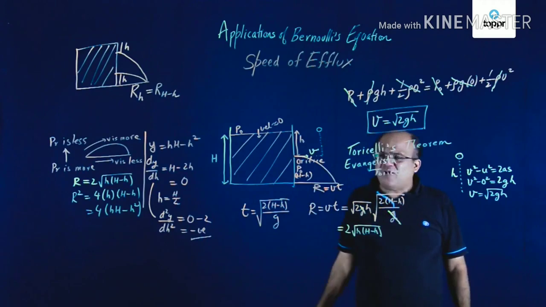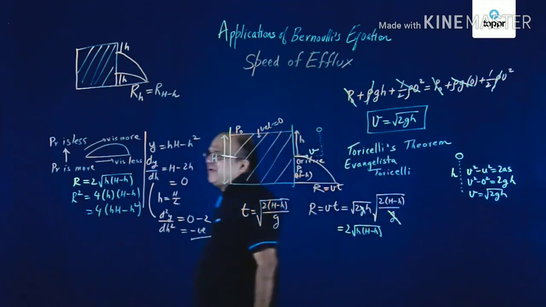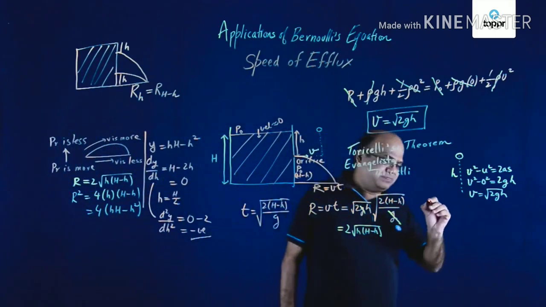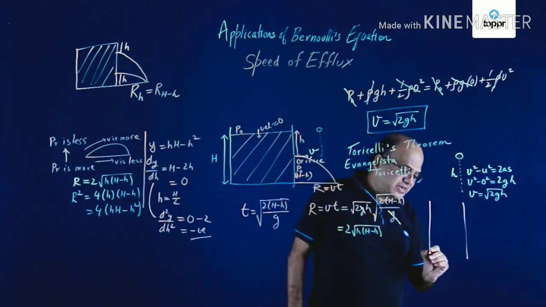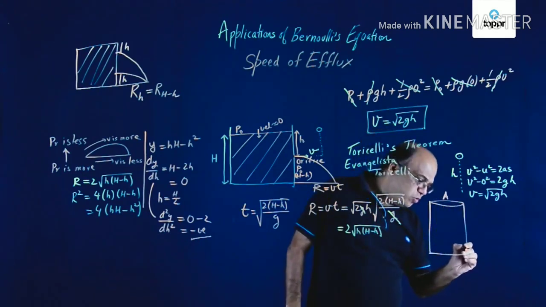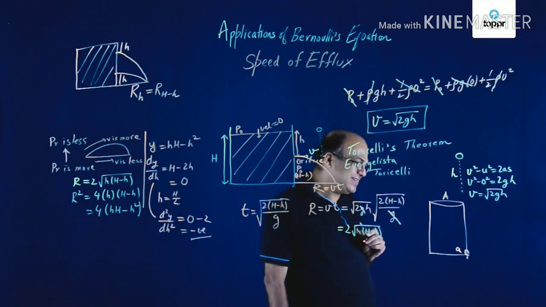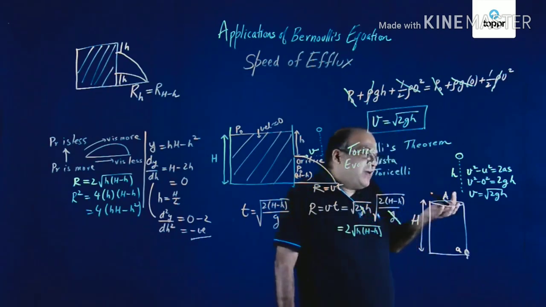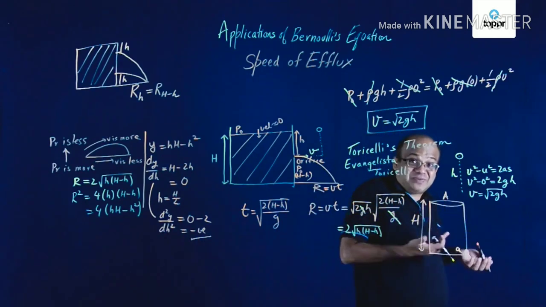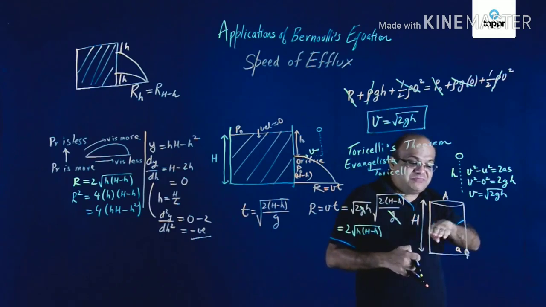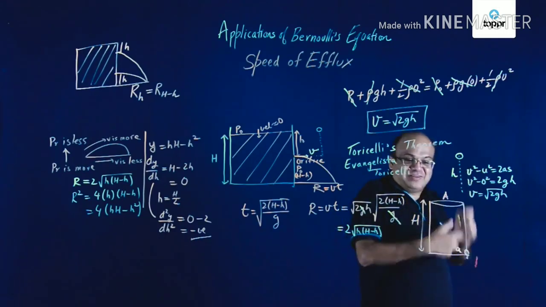Right. Now, suppose you want to find the time taken to empty a tank. Suppose a tank is there whose cross-sectional area is A, and here you make a hole at the bottom of cross-sectional area small a, right? And the height of the tank is H. To find the time taken to empty the tank, we will do integration, because the height will keep on changing, so the speed of efflux will keep on changing, and the flow rate will keep on changing.